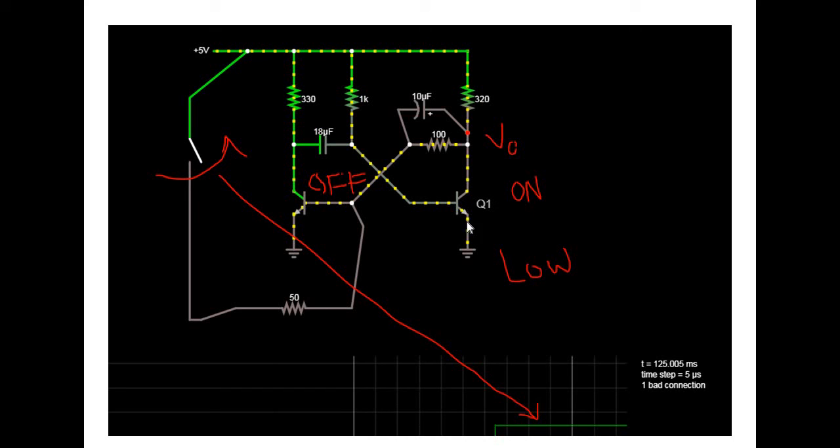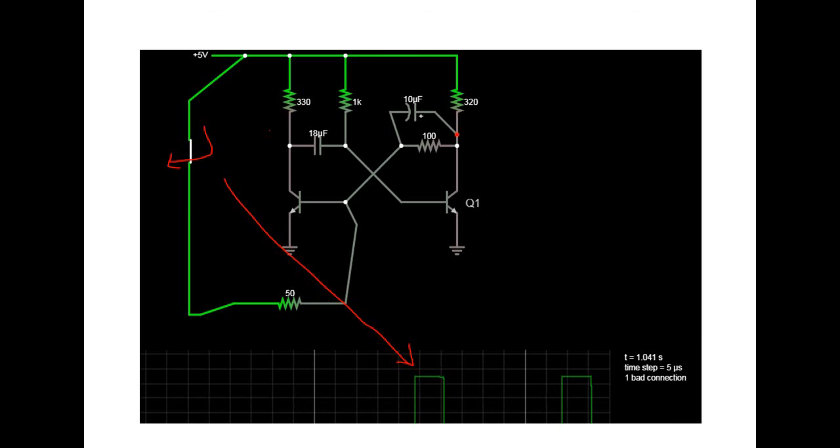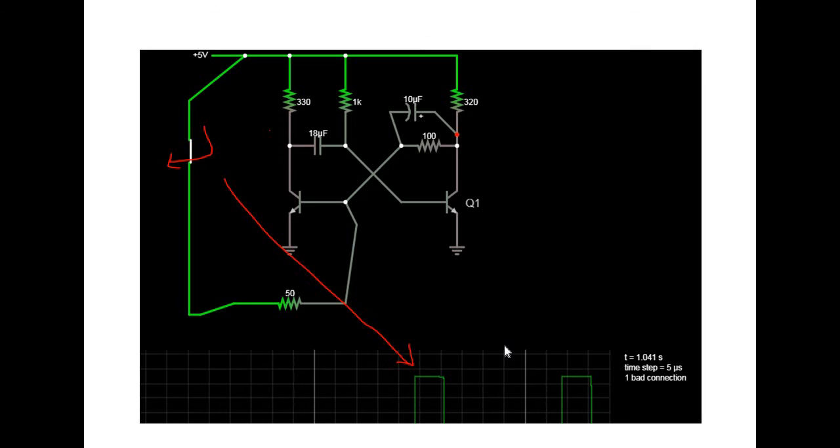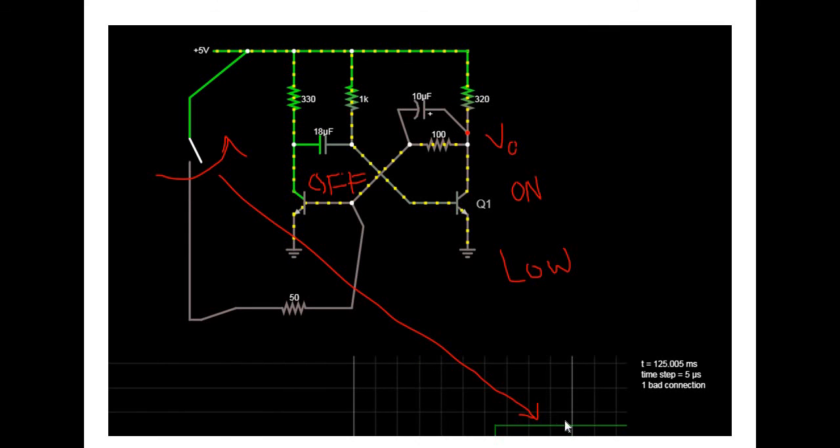If Q1 is on, output at Q1 is low, that's why output is low. So this is all about the monostable multivibrator. A monostable multivibrator has only one stable state and one quasi stable state. Quasi means temporary. Look here, this high state is very much temporary. It again comes back to the stable state, which is the low state here.